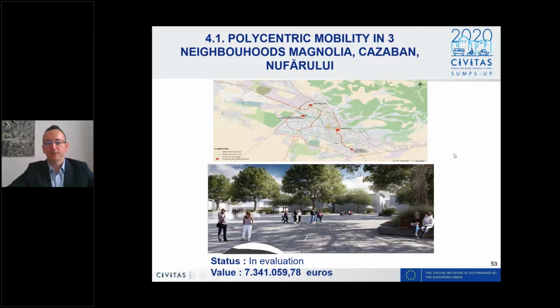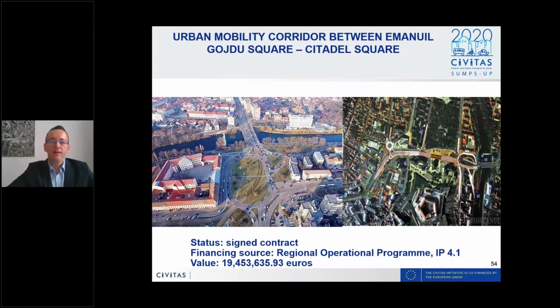We have 3 investment projects that are in course of being evaluated in the frame of the regional operational program, which relate to the most densified area at the level of the city, but also other complex projects regarding the development of a complex network of underpasses in order to reduce the passage time for the cars, and also the prioritizing of public transport.